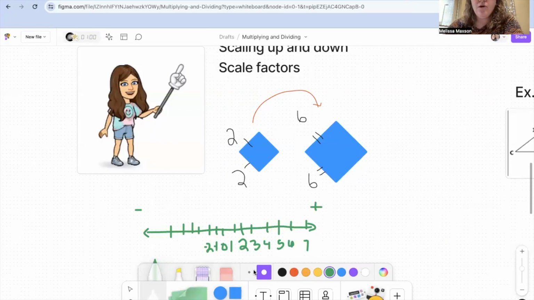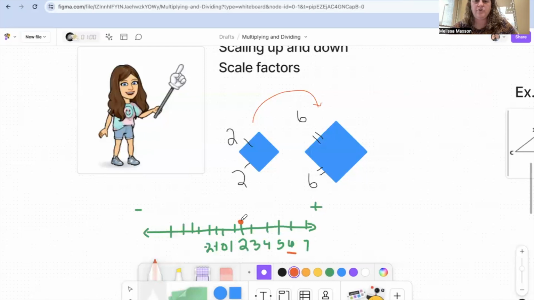We're going to start at our starting point, which was 2. Now we're going to find our other number that we're increasing to, which is 6. And we need to know, are we going up in value or down?